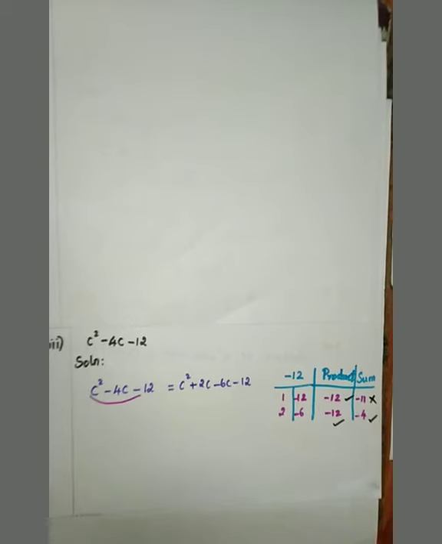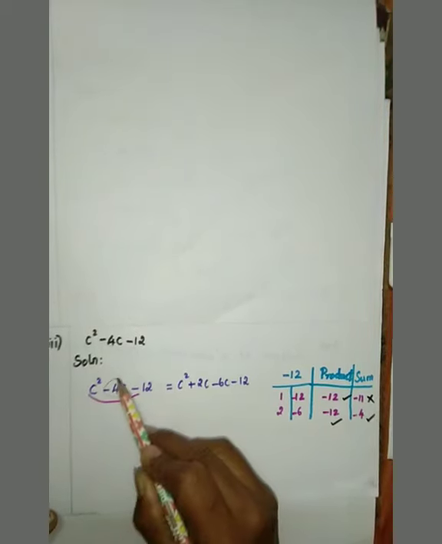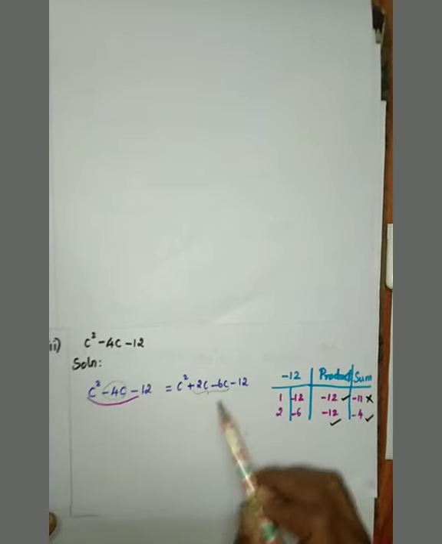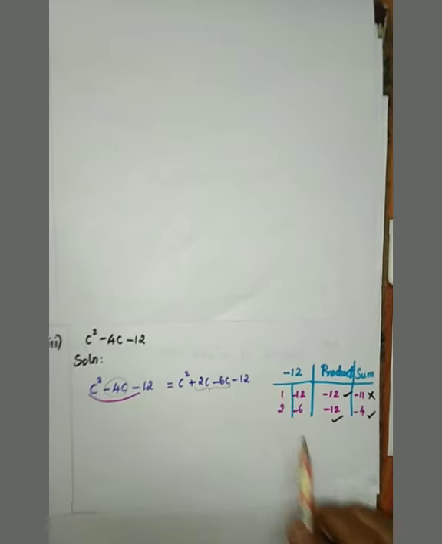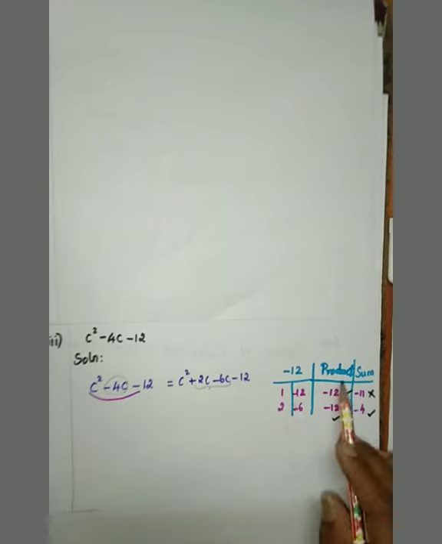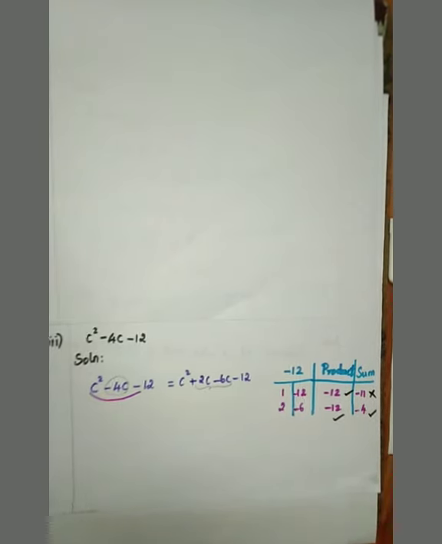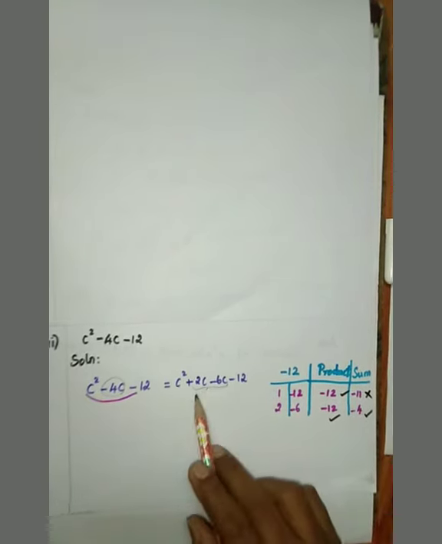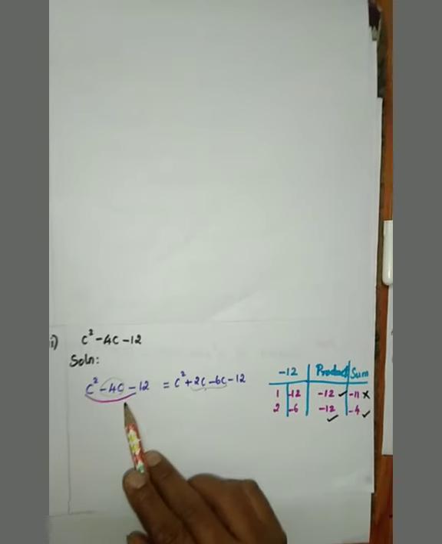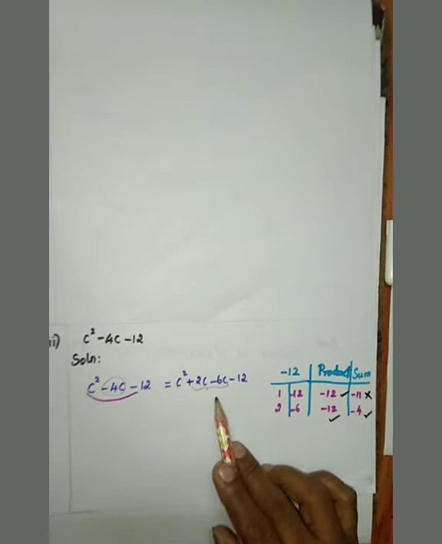Now we have written this minus 4c, we have split into 2c minus 6c. For splitting the terms only we are finding the factors by using the T method. So here 2c minus 6c is minus 4c. So this minus 4c can be written as plus 2c and minus 6c.